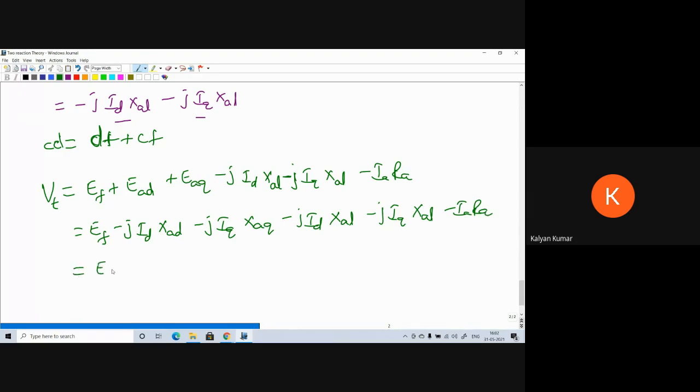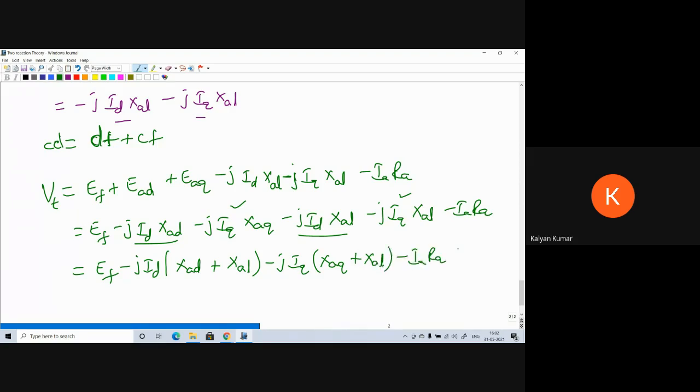So in this we have the ID term. If you take minus J ID as common, we'll have XAD plus XAL. Next, if I take minus J IQ as common, this term is XAQ plus XAL, minus IA RA.